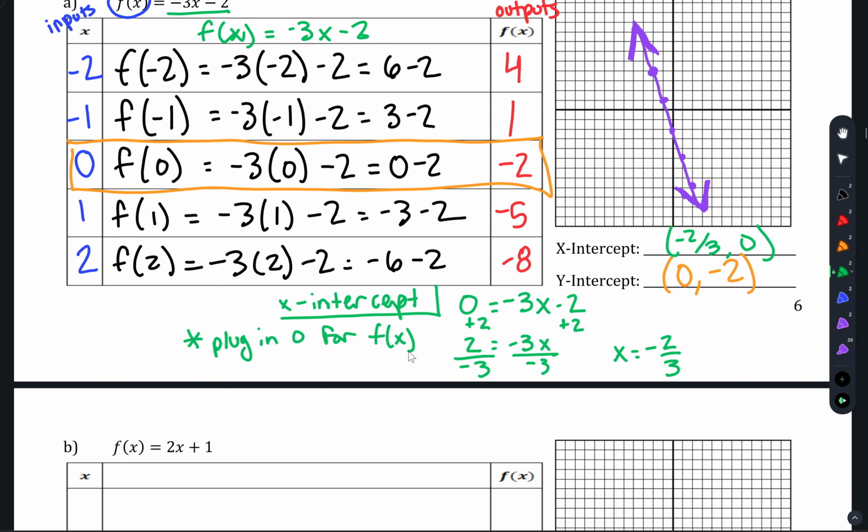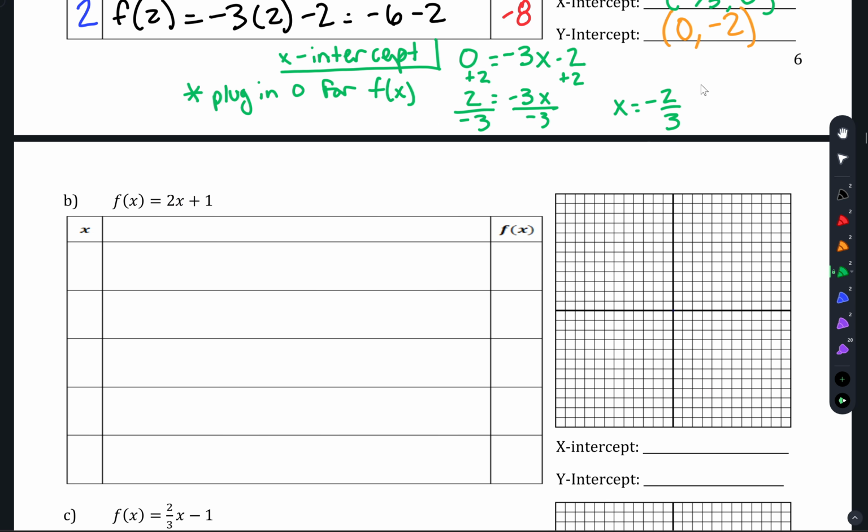Okay, let's do one a little bit faster. Turn over to the next page. What 5 points do we pick for our x values? Anybody? Five points for my x values.